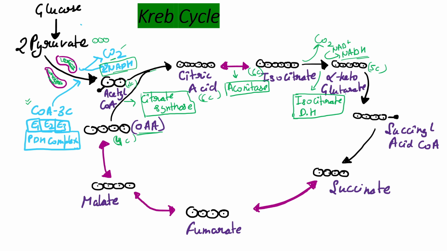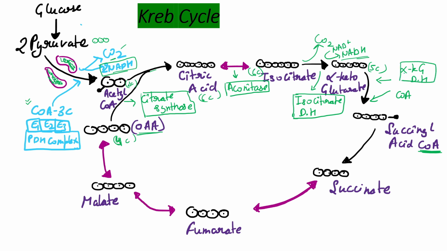Now alpha ketoglutarate would convert into succinyl coenzyme A. In this case we are adding a coenzyme A, so CoA would be added. The enzyme which is helping this process is known as alpha ketoglutarate dehydrogenase.